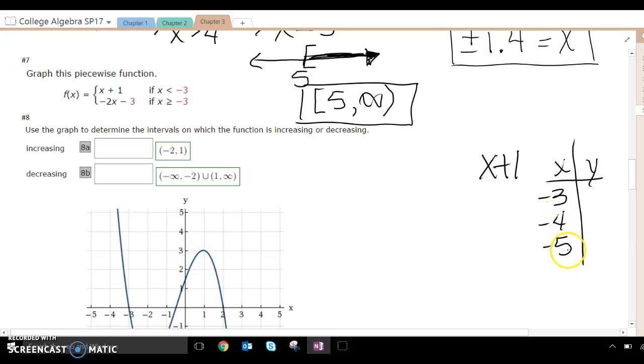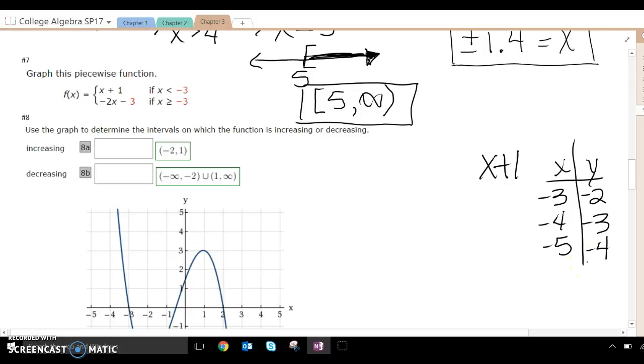So let's just pick a few points. If I plug in -3, that's going to give me -2. If I plug in -4, that's -3. If I plug in -5, that's -4. So I can match these points up to one of my graphs.